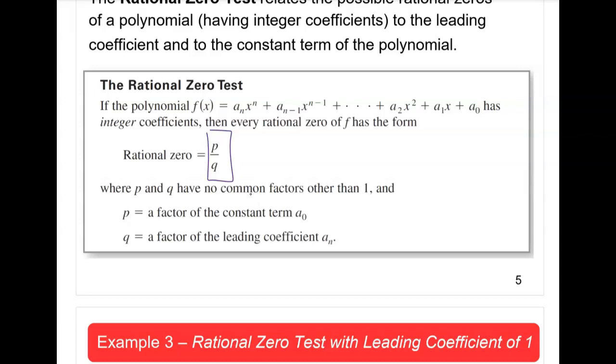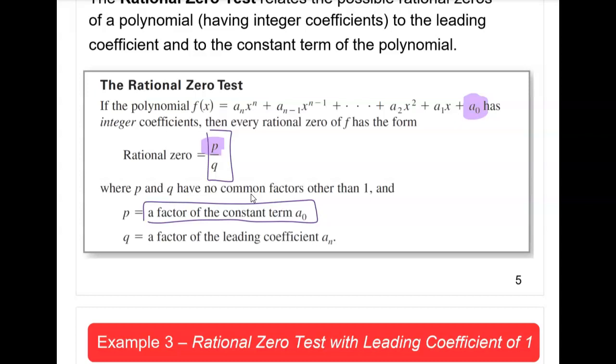For the numerator of those zeros, we are going to look at the constant term, a sub 0. The letter P represents the factors of that constant term. If that constant term was a 1, we wouldn't have an issue because it would just be 1, the only factor.